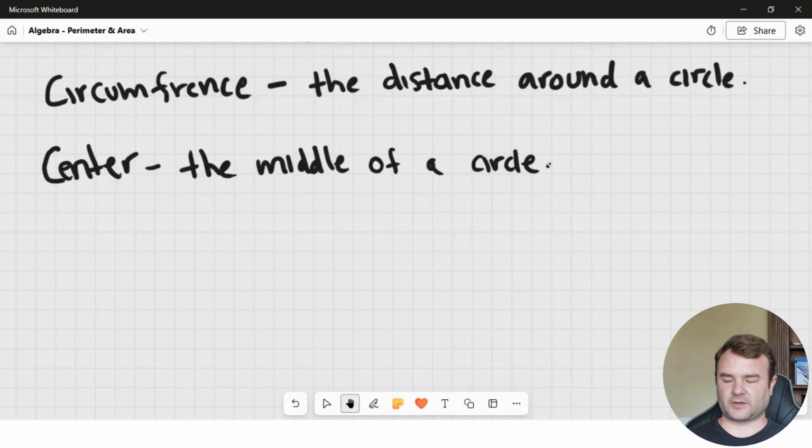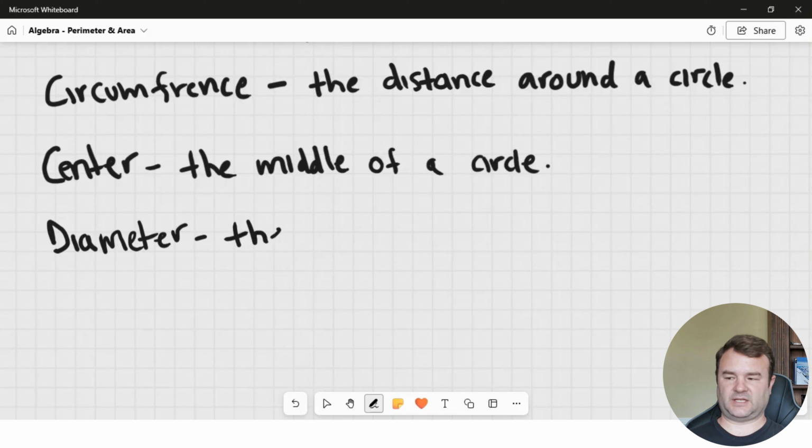So, next for a circle, the next vocabulary word that we want to define is the diameter of a circle. Diameter is the distance across a circle through the center.